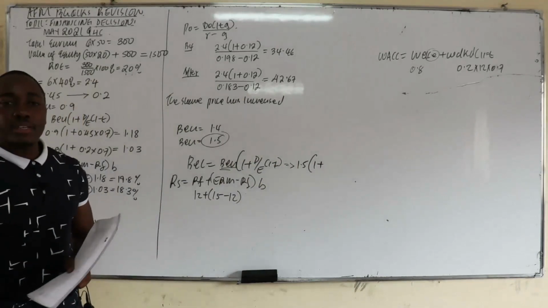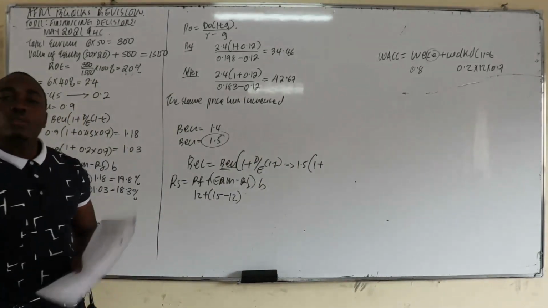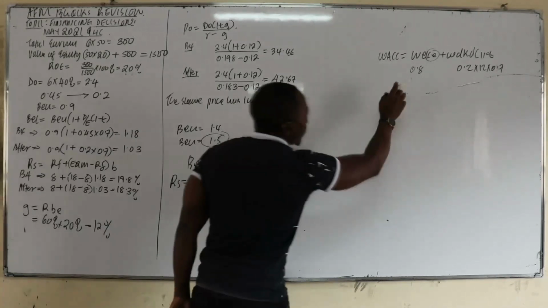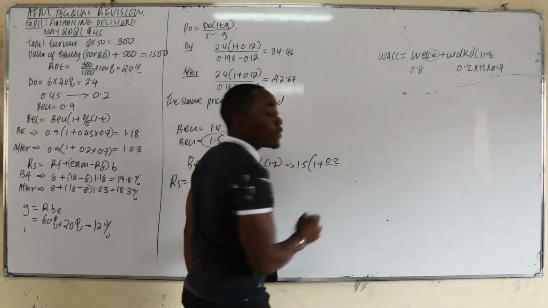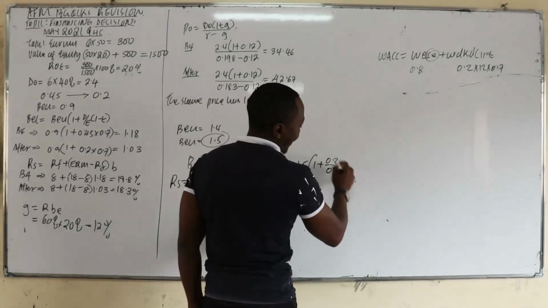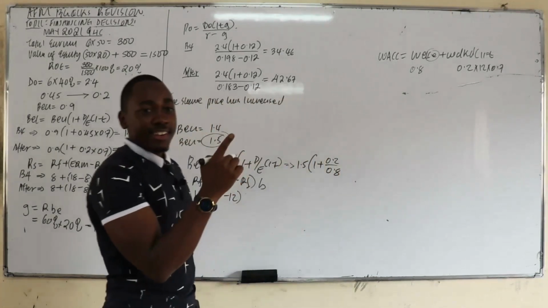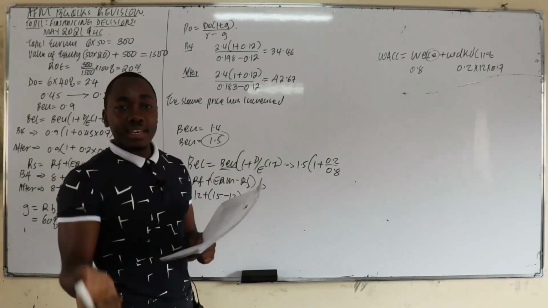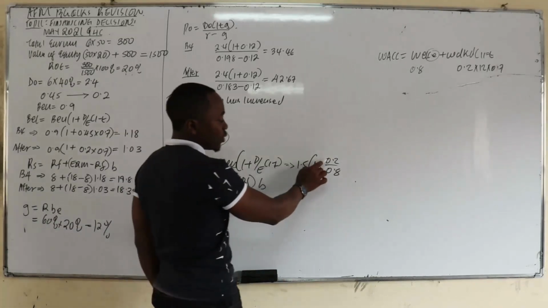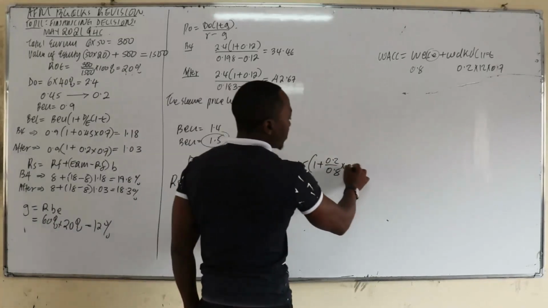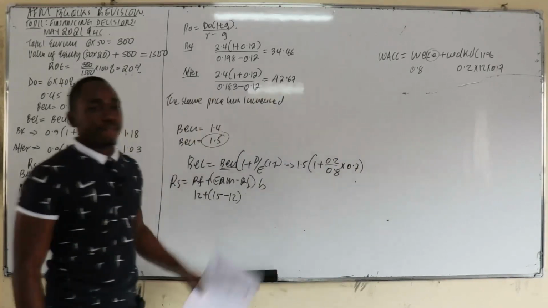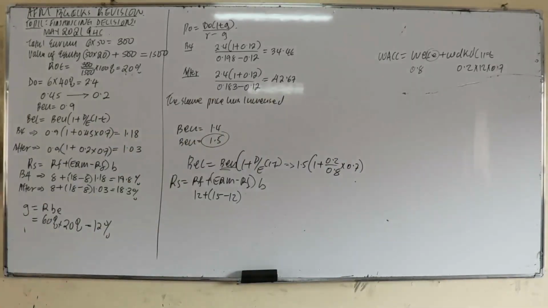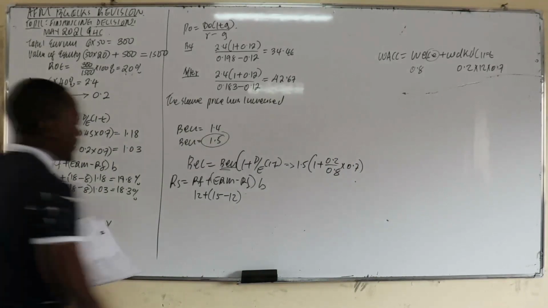How much is the debt to equity ratio? Debt is 20%, right? Equity is how much? You're given the proportion. What will happen if we invest 20 in debt and equity invest 80? So the debt to equity ratio is 0.2 over 0.8, multiplied by 0.7. Got that? That's you getting your 8 marks.